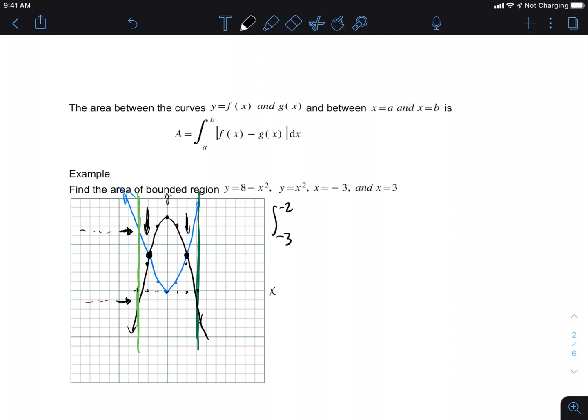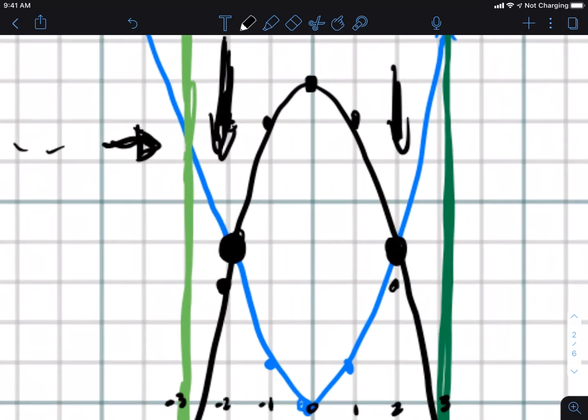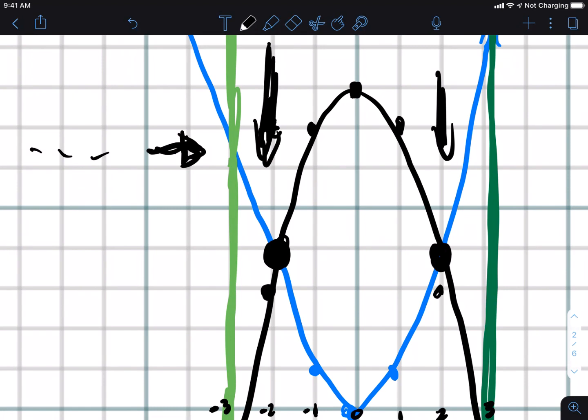So, what function's on top in this first integral then? Eight minus x squared. In this region here, you're saying 8 minus x squared is on top? Oh no, it's going to be x squared.